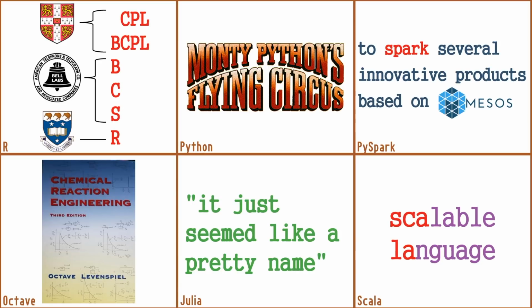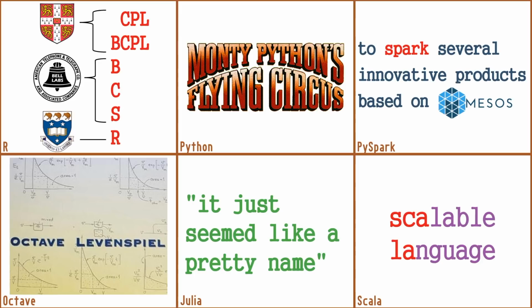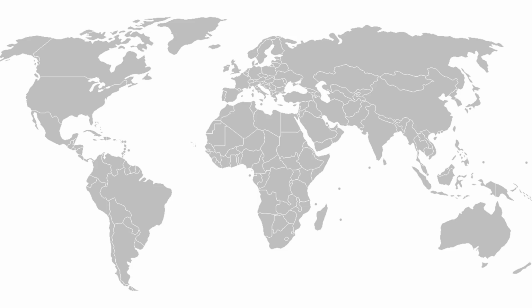Octave was named in honor of one of the author's former professors, Octave Levenspiel, who wrote a popular textbook about chemical reaction engineering, and who was also well known for his ability to quickly do back-of-the-envelope calculations, like these calculations on the book's cover. It was hoped that the language would make it possible for people to do more ambitious computations just as easily.